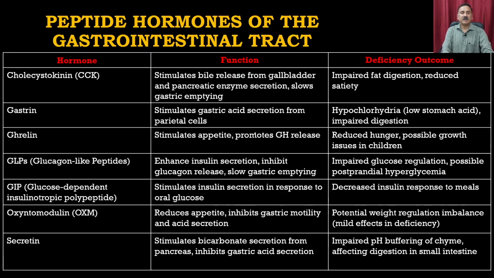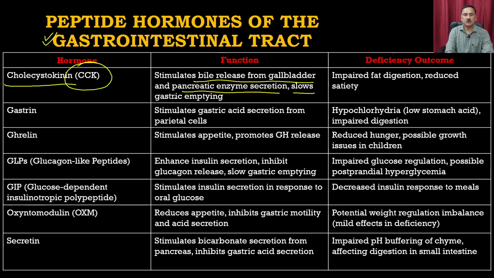Then we have the peptide hormones from the digestive system. So you have cholecystokinin, or CCK, and that stimulates bile release from the gallbladder and pancreatic enzyme secretion and slows gastric emptying. If there is a deficiency, it is going to affect fat digestion and reduce your satiety level when you take food.